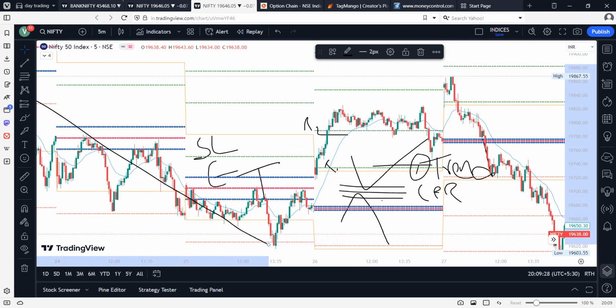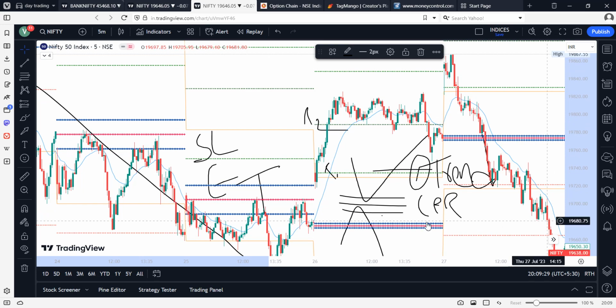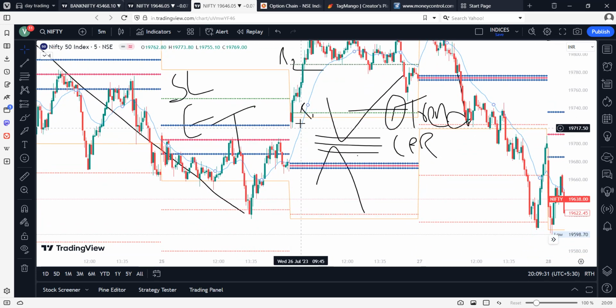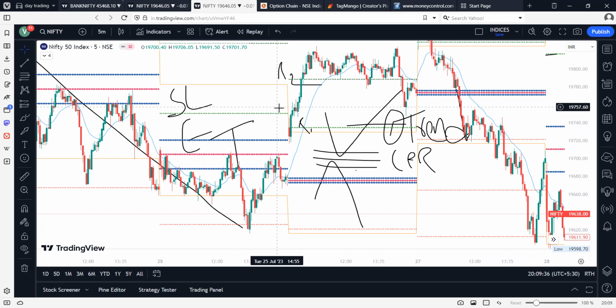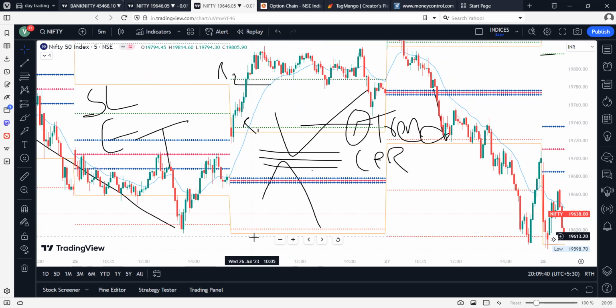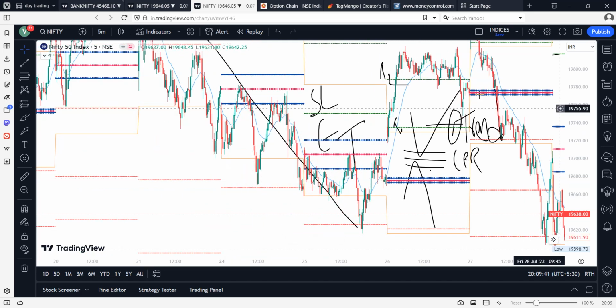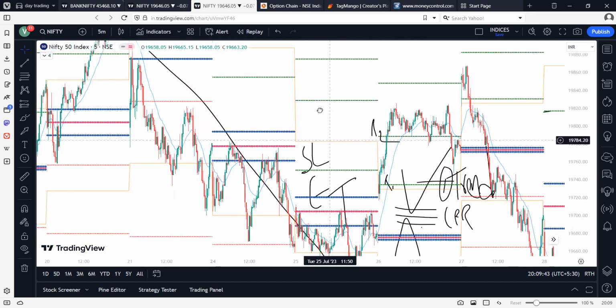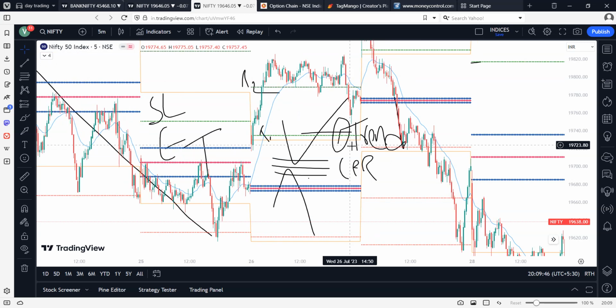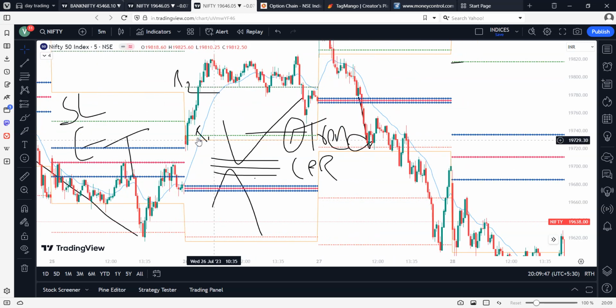And suddenly what happens on this day? There is a gap up. Gap ups are something that give you the market sentiment. Whenever the index is trading in a downtrend and suddenly a gap up happens here, you can assume that there is a change in the trend.